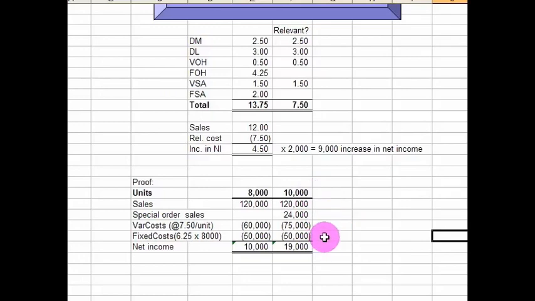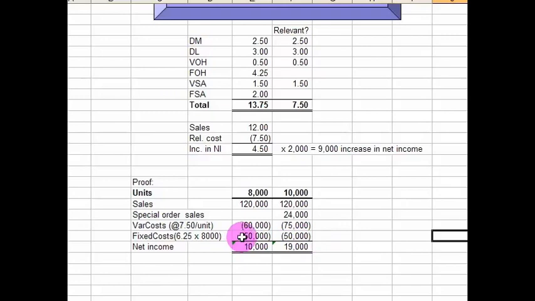Fixed costs you have to pay a little bit of attention to. You don't multiply 625 times 10,000 because remember, the 625 was unitized assuming production and sales of 8,000. Fixed costs are fixed. It's going to be 50,000 no matter what. You would have to compute a new per unit cost for 10,000 units if you needed to use that information for some other purpose.